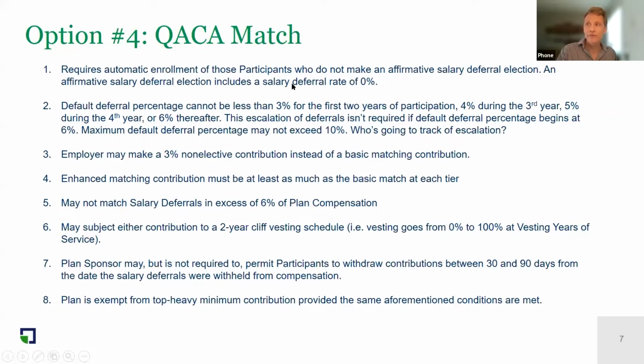At which point they would have to enter into an affirmative deferral election to tell you that they don't want any deferrals withheld, or they could withhold them at a rate less than the default deferral rate that you've put into your plan document, okay? And again, this plan is exempt from top-heavy contribution requirements, all right?